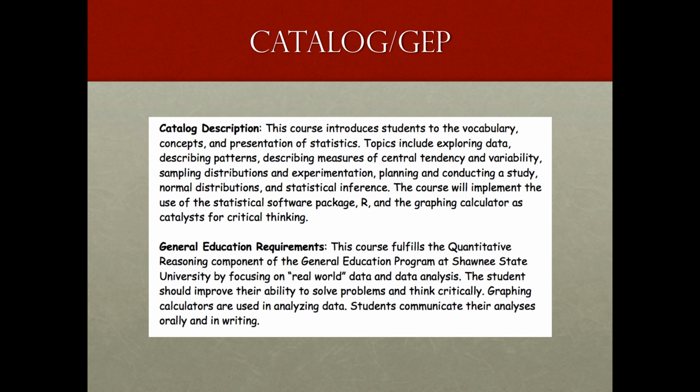In the spirit of the general education program at Shawnee State University, this course satisfies the quantitative reasoning component. Now, what does all that mean? Well, for the most part, it means that upon successful completion of this course, you can mark off on your checklist the quantitative reasoning component of the general education program.